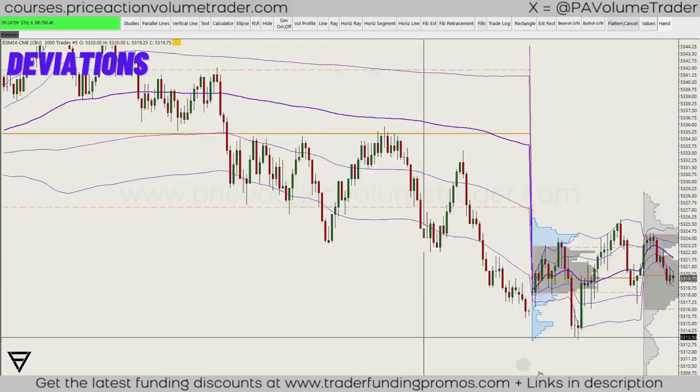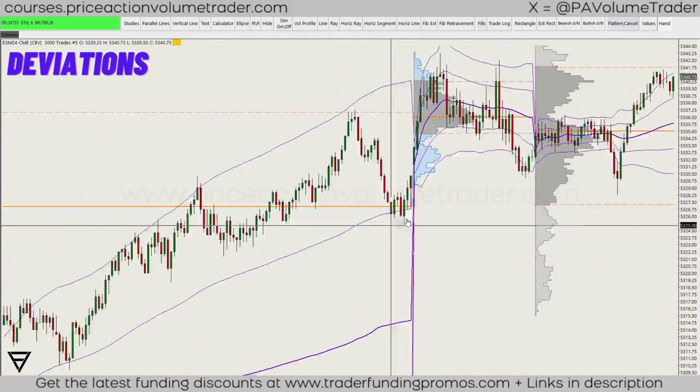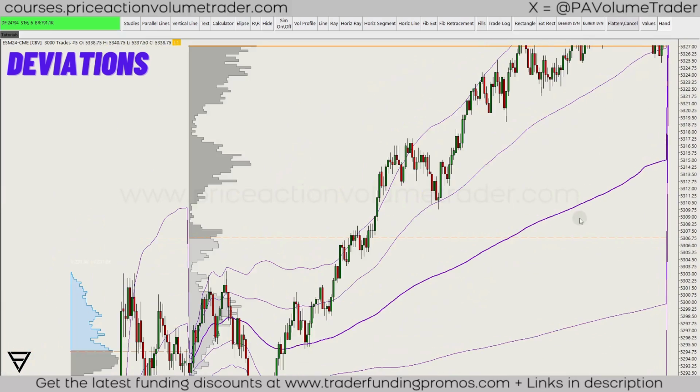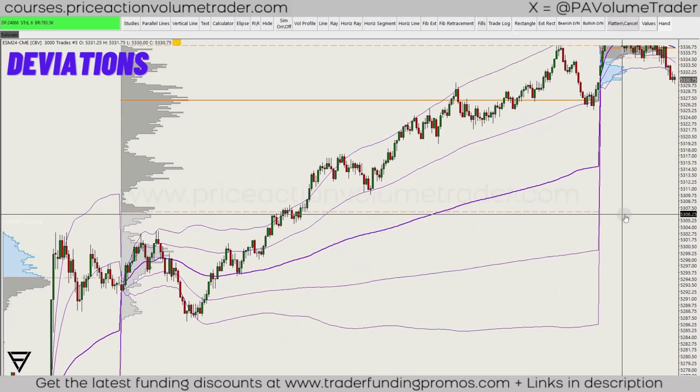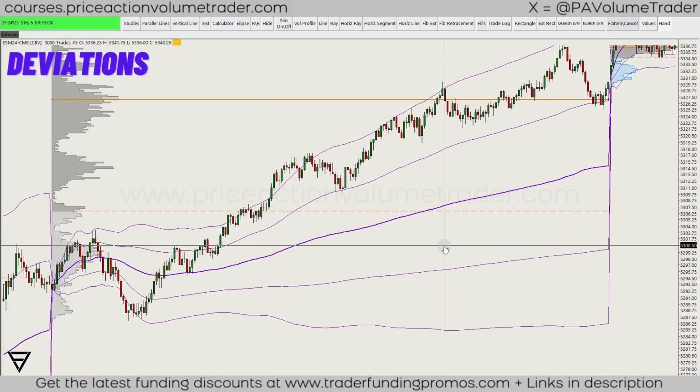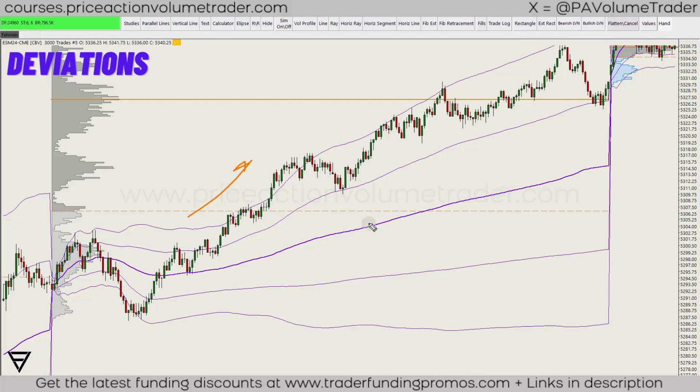And then when we have days of very strong trends, like we had on this session, it is common to see that once price really takes off trending, it's probably not going to touch back to the VWAP for the rest of the session. And a lot of times we're going to have this behavior where price is going to be trending between the first and the second deviations.